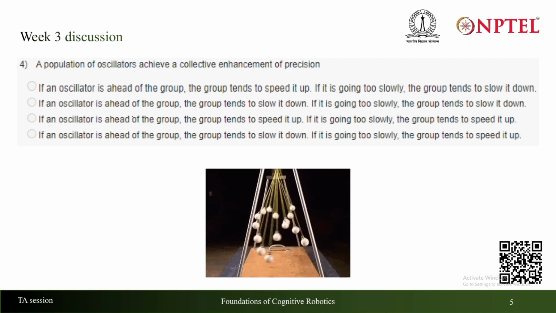Option 2: if an oscillator is ahead, the group tends to slow it down; if it is going too slowly, the group tends to slow it down. Option 3: if an oscillator is ahead, the group tends to speed it up; if it is going too slowly, the group tends to speed it up. Or number 4: if the oscillator is ahead, the group tends to slow it down, and if it is going too slowly, the group tends to speed it up.